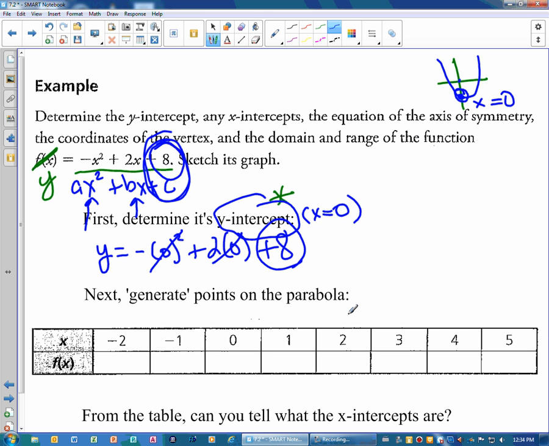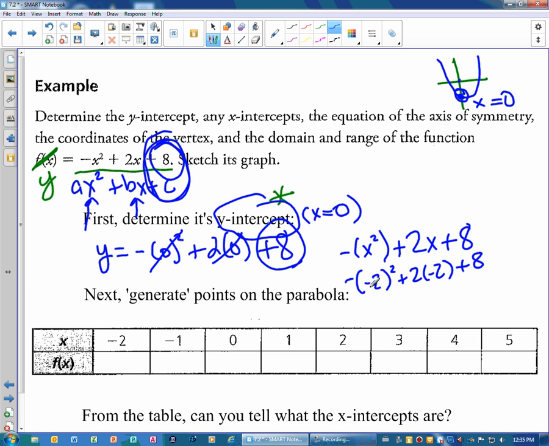All right, generate points on the parabola. The fancy math way of saying calculate is generate points. So remember, we have the equation negative x squared plus 2x plus 8. What we're going to do is take the x and plug it in. Negative 2 squared plus 2 times negative 2 plus 8.